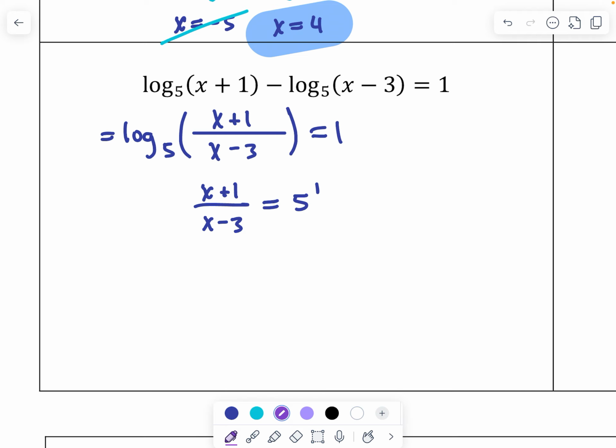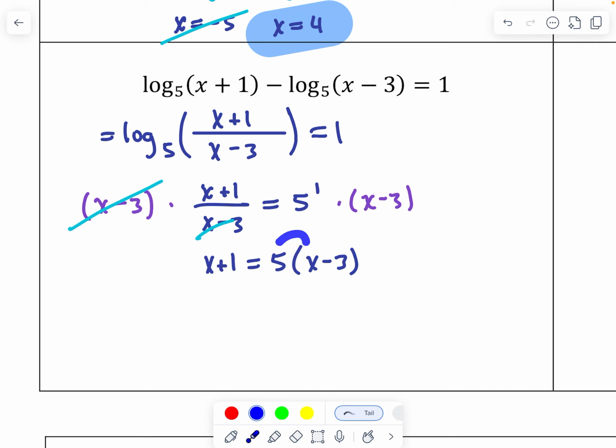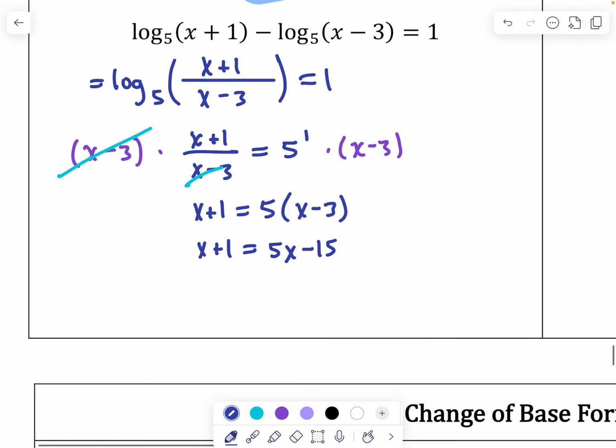I want to multiply both sides by x minus 3. That's going to cancel these out. Cancel, cancel. We'll have x plus 1 equals 5x minus 3. Go ahead, distribute. I'm going to subtract the x to this side.